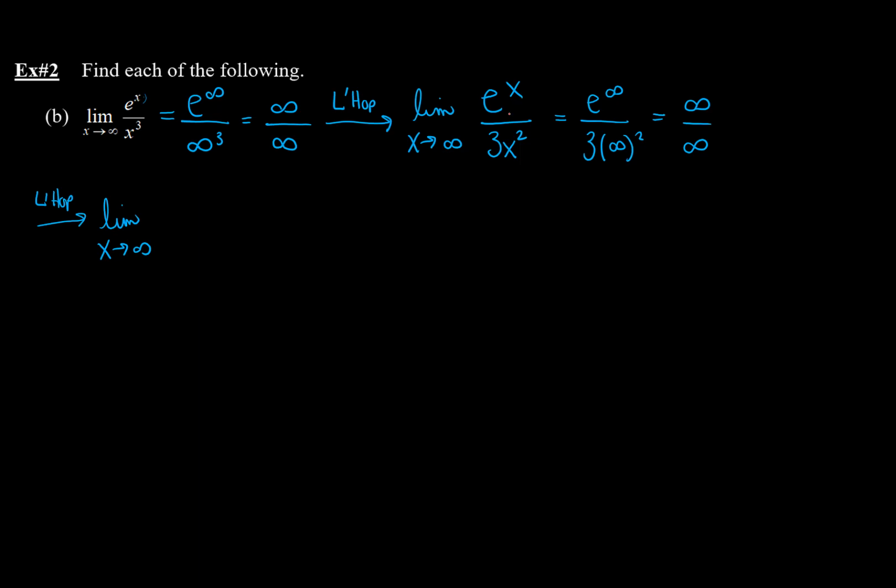So I'm going to take the derivative of this one. So the derivative of e to the x is e to the x. The derivative of 3x squared is going to give me 6x. And if I plug and chug, I'm once again going to end up with infinity over infinity, which means I can do L'Hôpital again.